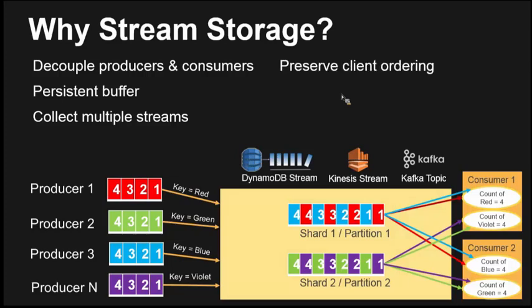One of the key aspects of a stream storage subsystem is that it preserves client ordering. What I mean by that is, for example, if producer 1, the red producer, is sending packets 1, 2, 3, and 4, a consuming application can expect that the data comes in the same order as what the producer sent, provided the producer uses the notion of a key and says key equals red.